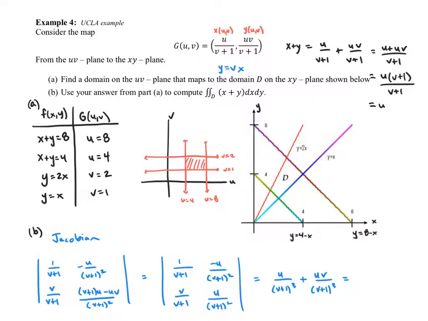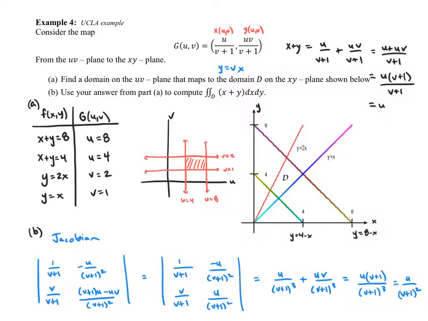So we have u times quantity v plus 1 divided by v plus 1 to the third, and this would then simplify to u divided by v plus 1 squared. And again, this looks very different. This is the Jacobian. Like I said, it doesn't need to be a number like it's been for us in the other examples. This will be a variable Jacobian.